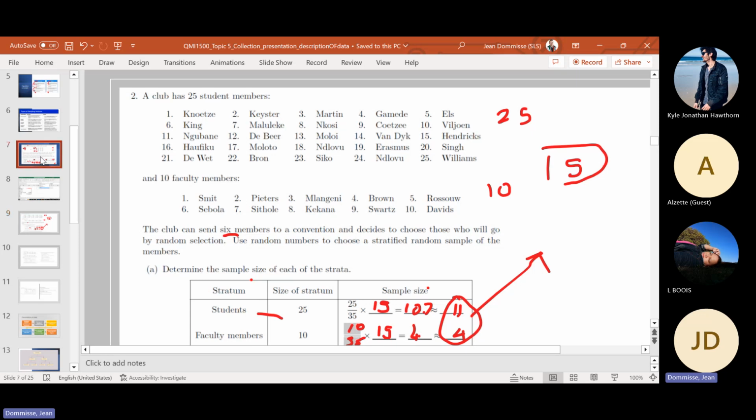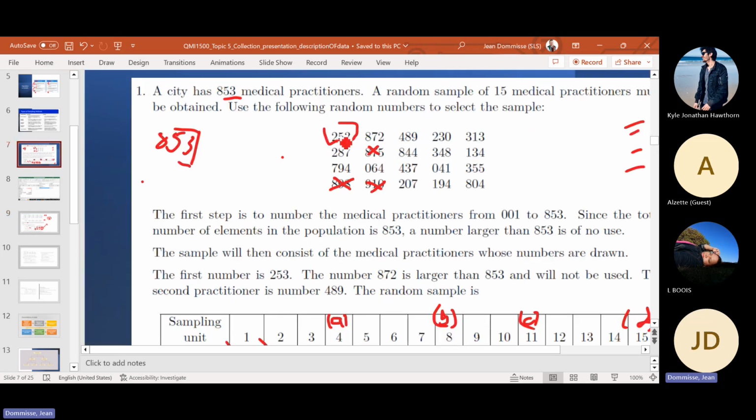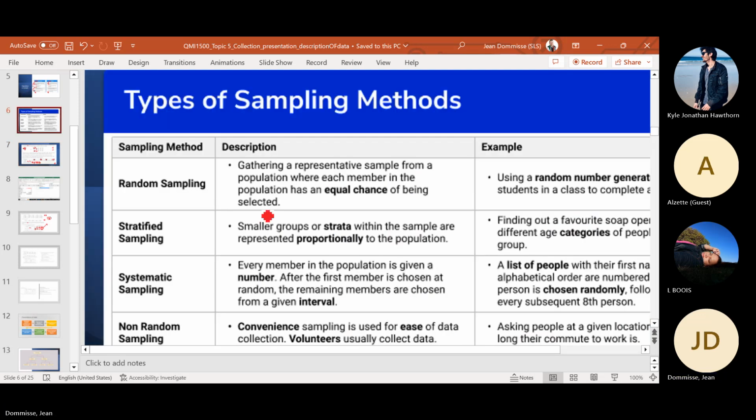A random sample that can happen in practice is where we all enter a competition and they throw all our names into a pot and randomly they pick one number, or they pick one, they spin it again, they pick another one.